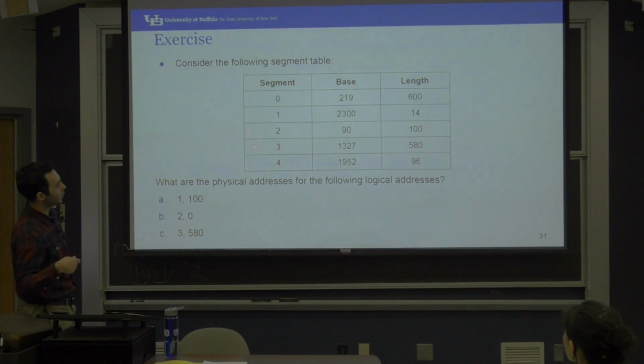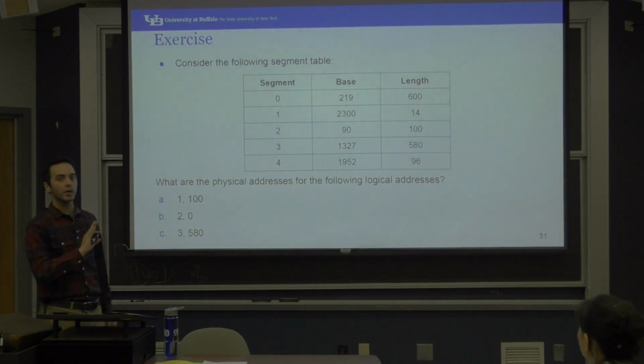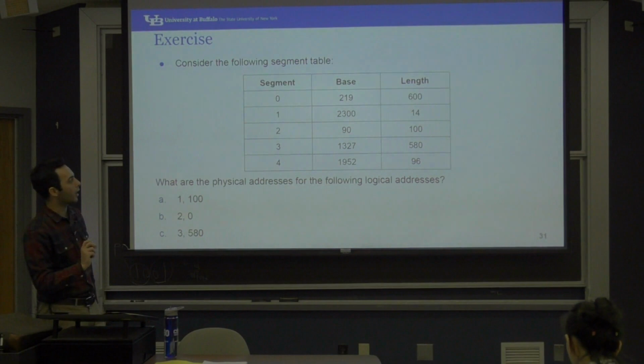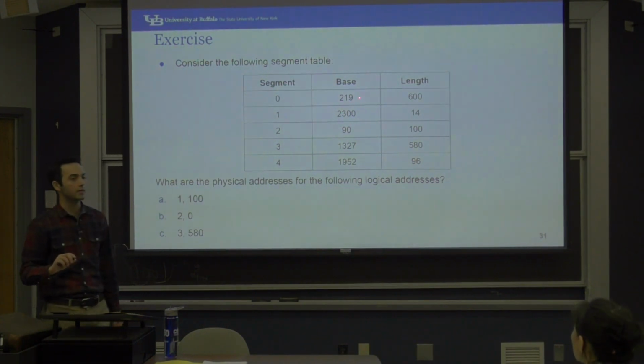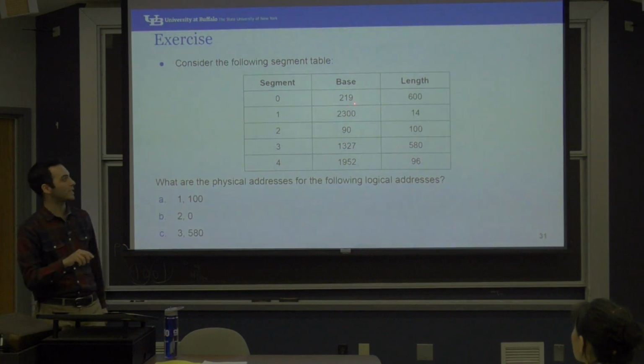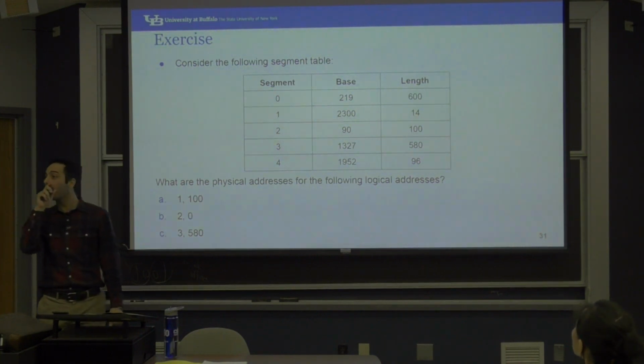So let's say this process has, in the segment table, 5 segments with these bases and lengths. Usually this is not happening because, who can tell me why? Why the base is not at this address? This address is basically wrong, technically. Why?